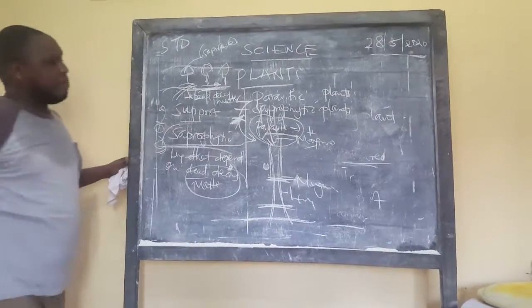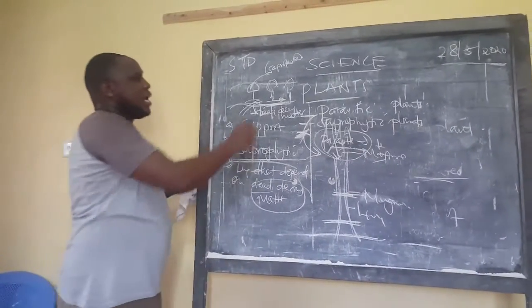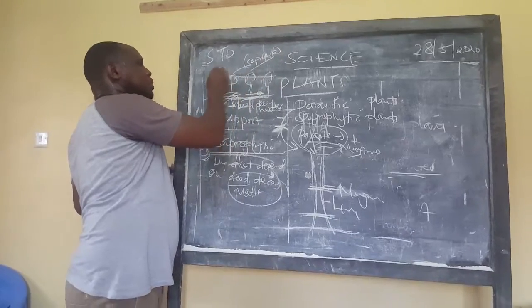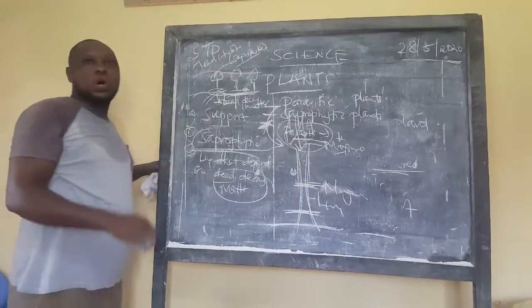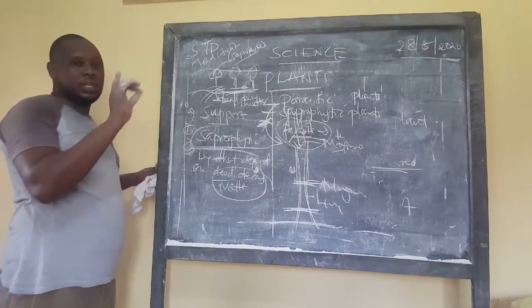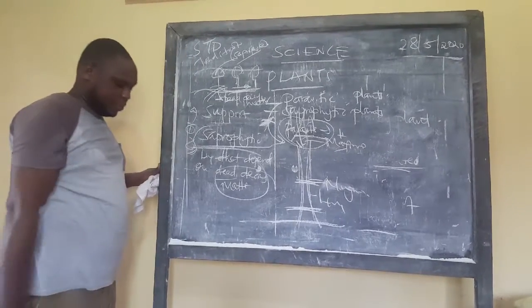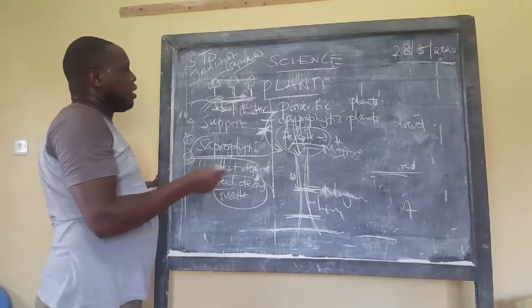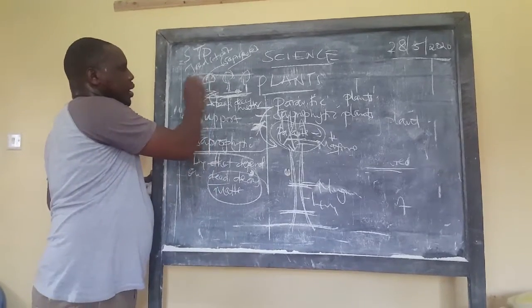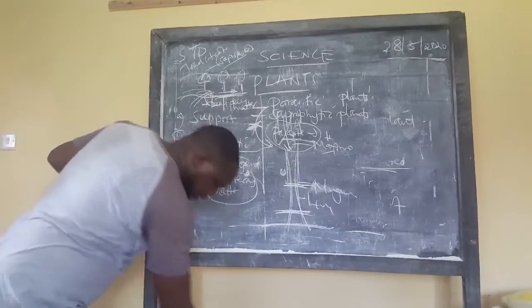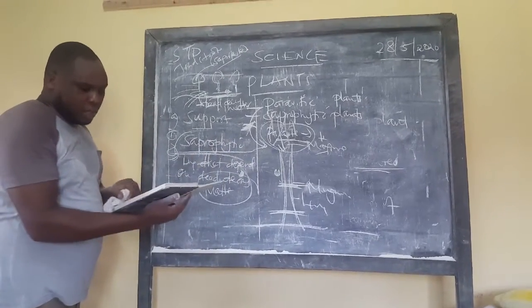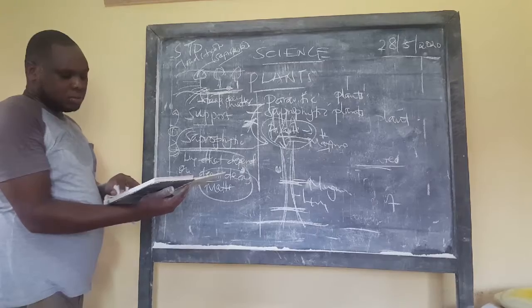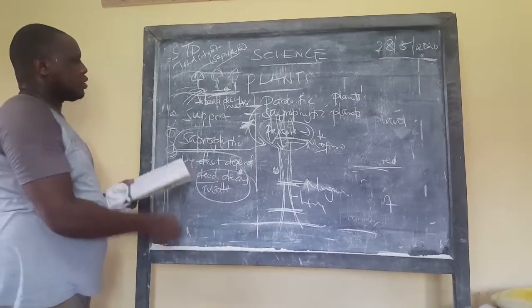In this case, our saprophytes will be the mushrooms, the toadstools. You have learned about toadstools, which grow on a tree. They themselves are alive, but you find them growing on a dead plant. So we can have examples as toadstools, molds, and puffballs.